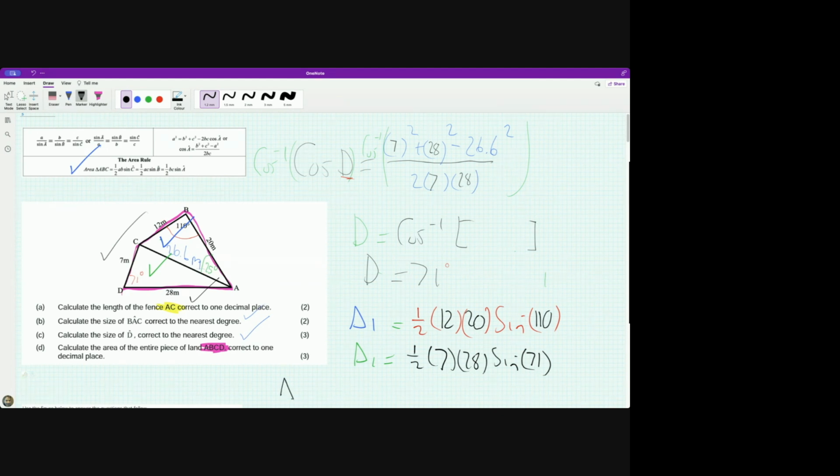So can anybody give me the area of ABCD? Have you worked it out? Yeah, I'll give you a bit of time while I do it as well. 0.5 times 12 times 20 times sine of 110 plus a half times 7 times 28 times sine of 71, close brackets, equals.